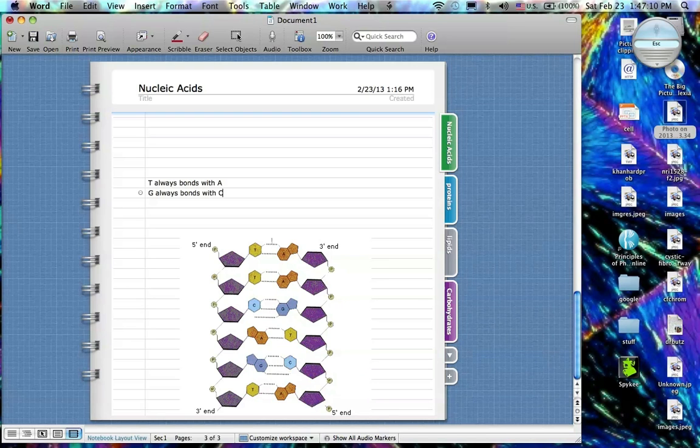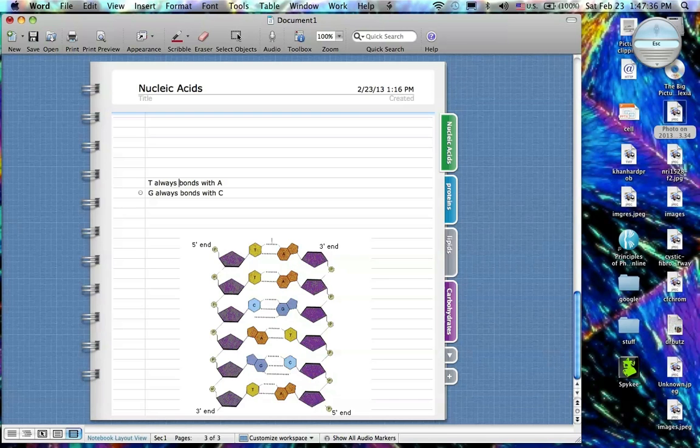Well, when they split down the middle, the way that the body knows how to make the other side is because of this right here. T always bonds with A, and C always bonds with G, and vice versa.